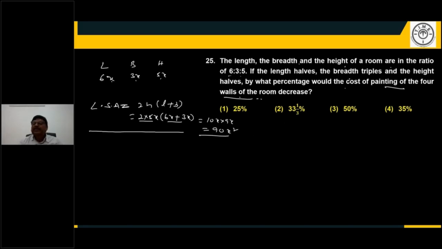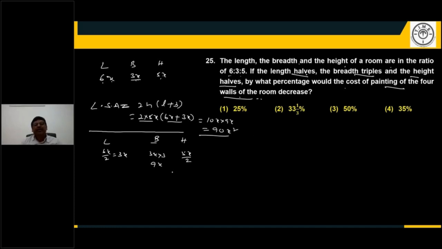Now what happens, students? If length halves, the new length is half of this, please. 6x by 2, 3x. What about the new breadth, please? The breadth triples. 3x, no? 3x into 3, it is 9x. The height, students. What about height? Height also halves. Height becomes half, means 5x by 2.